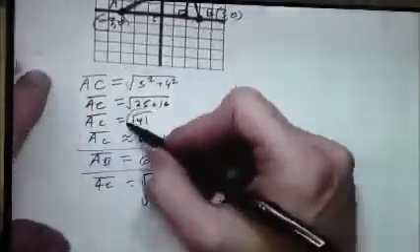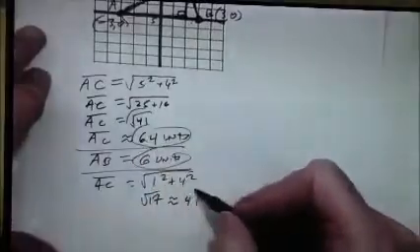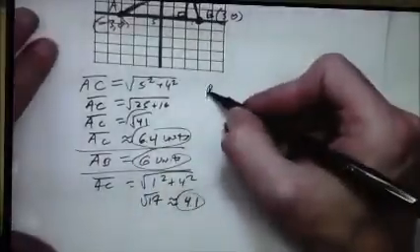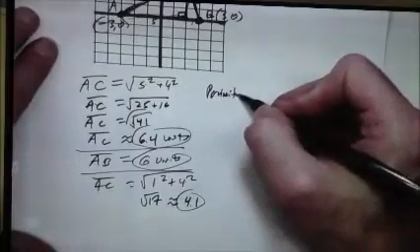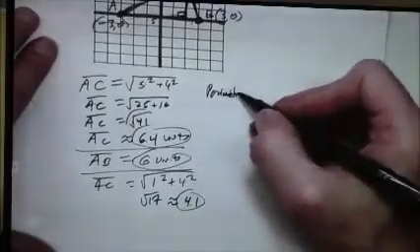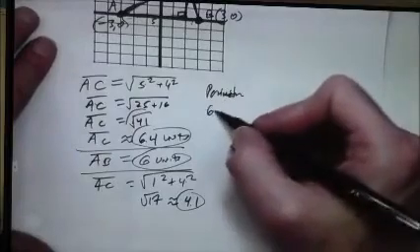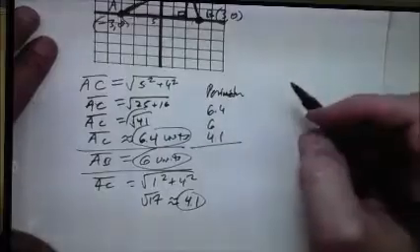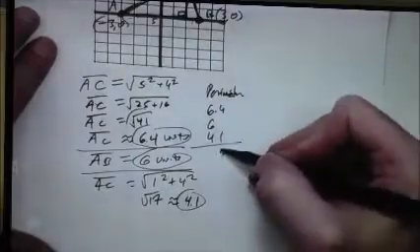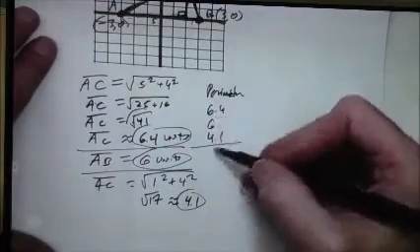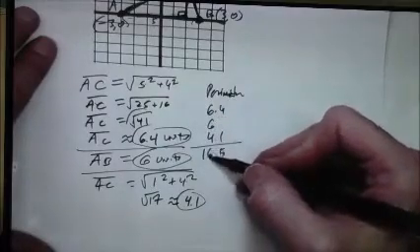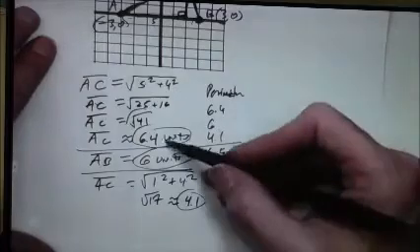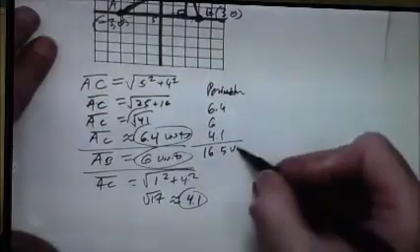So we have 3 numbers to add up. So the perimeter is approximately 6.4, 6, and 4.1, and you add them up. 0.5, 10, and 6, so 16.5. Okay, 16.5 units.